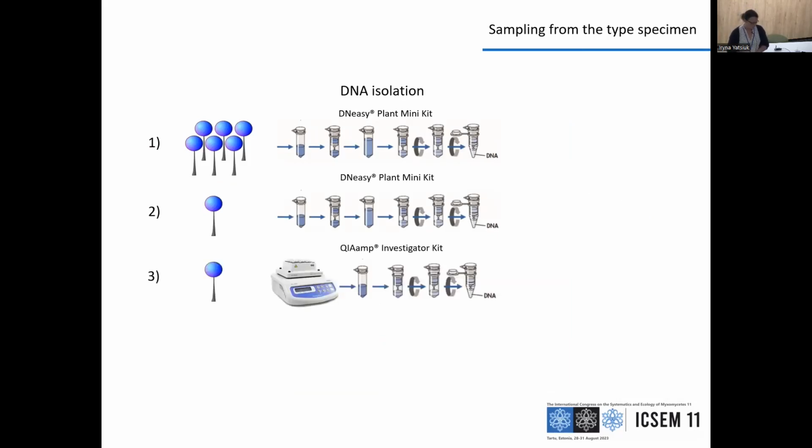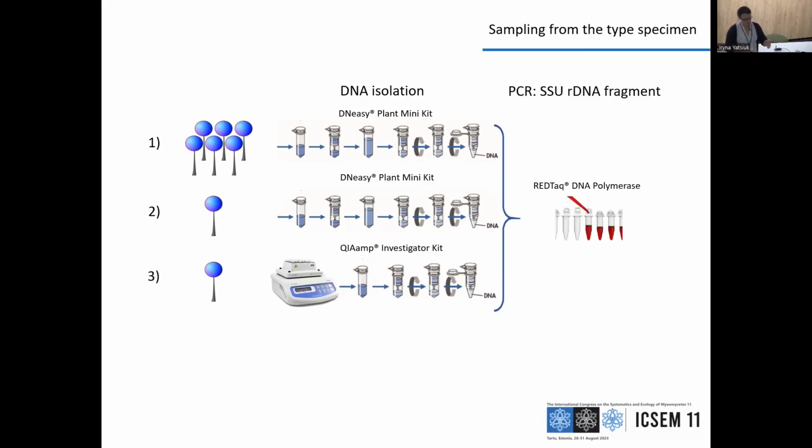Then we used the Investigator kit, which is devoted to samples with a small amount of material, and it was advised to us by our colleagues, mycologists. These 3 procedures are based on a genomic DNA isolation step, and then after subsequent PCR, you can get the target DNA marker.